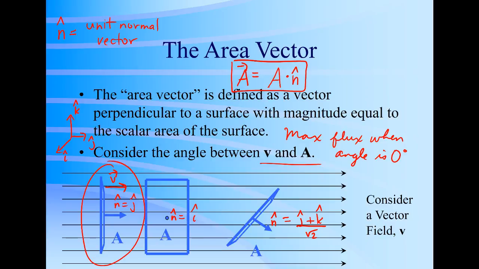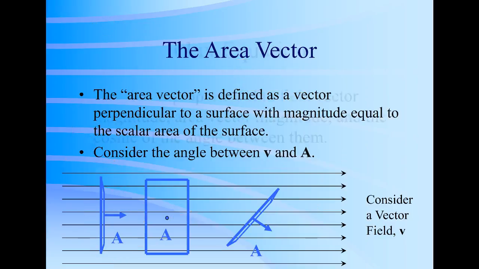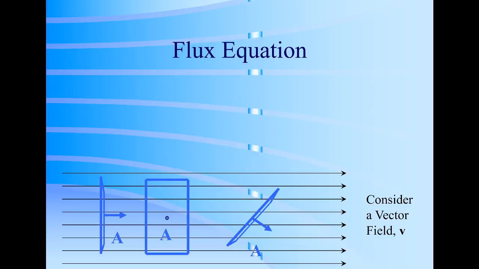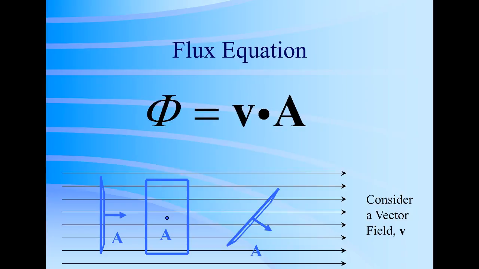So think back, if you took mechanics, think back. The flux is proportional to the field vector magnitude, the magnitude of V, the area vector magnitude, the magnitude of A, and the cosine of the angle theta between them. What does that remind you of? Well, it turns out that is the dot product.